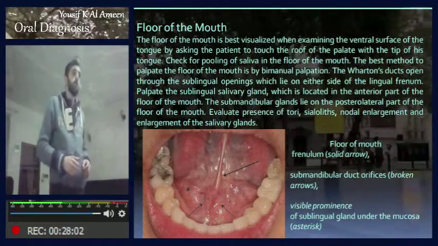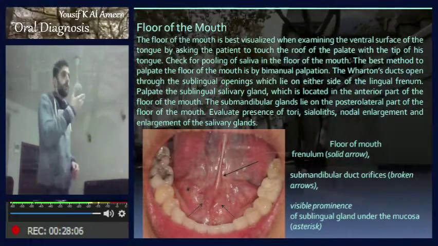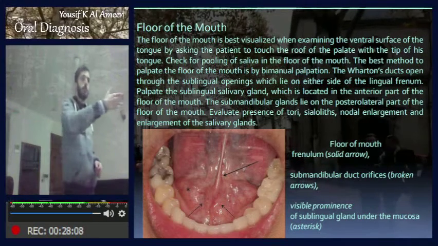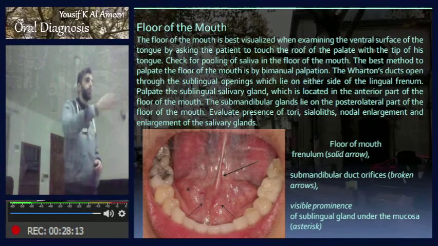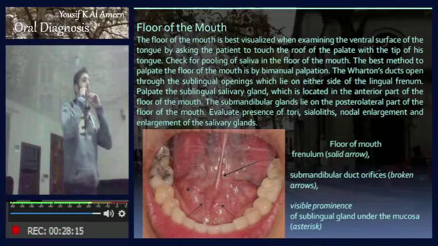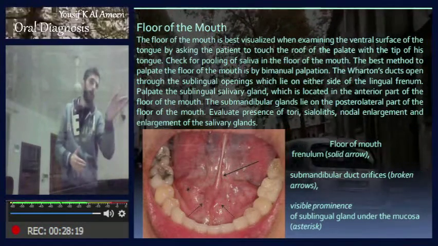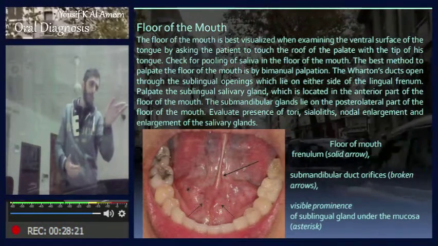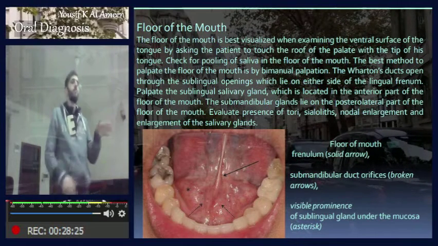Palpate the sublingual salivary gland, which is located at the anterior part of the floor of the mouth, and the submandibular gland that lies on the posterior part of the floor of the mouth.